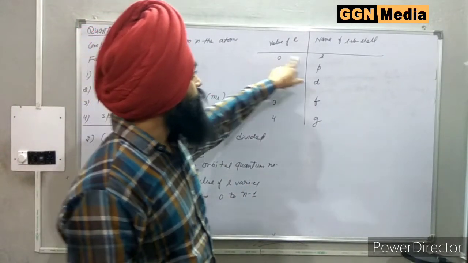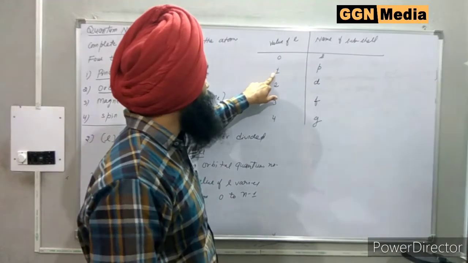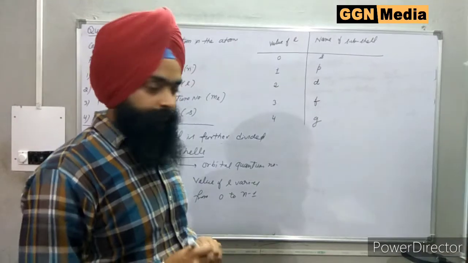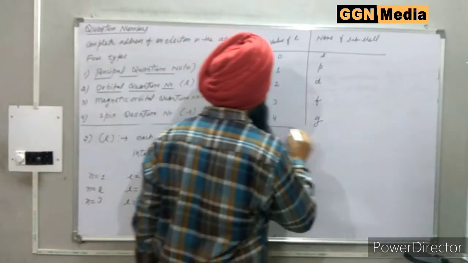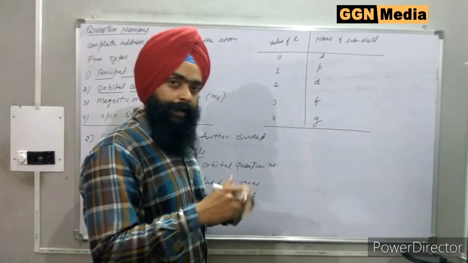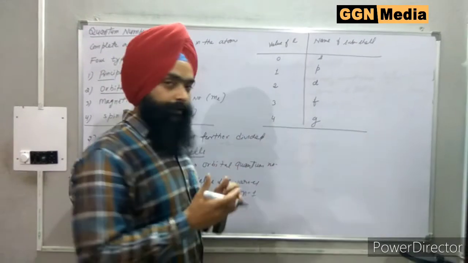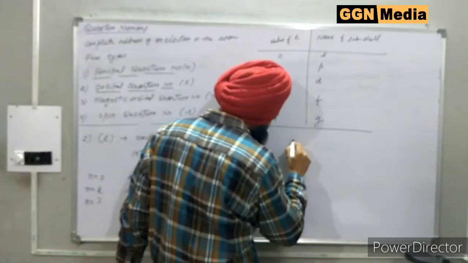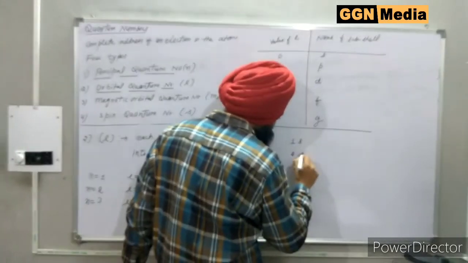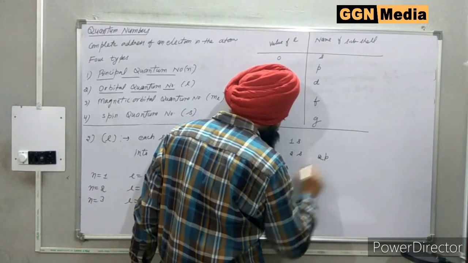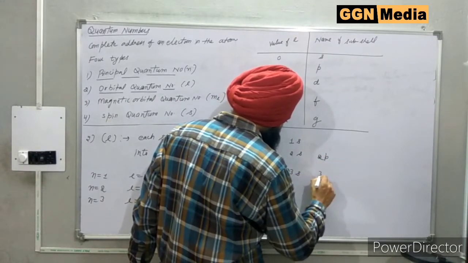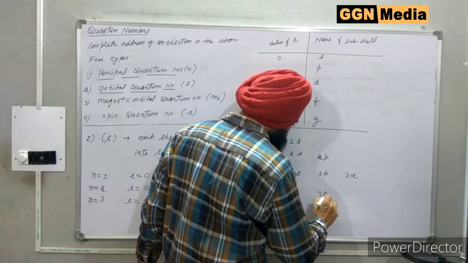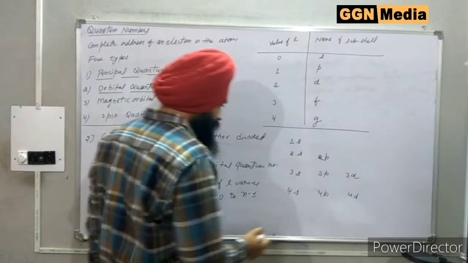Value of l is 0, it is called s subshell. Value of l is 1, it is called p subshell. Value of l is 2, it is called d subshell. So let us combine n and l value. This can give the electronic configuration of an atom. Simply, we have 1s, 2s, 2p, 3s, 3p, 3d, 4s, 4p, 4d.